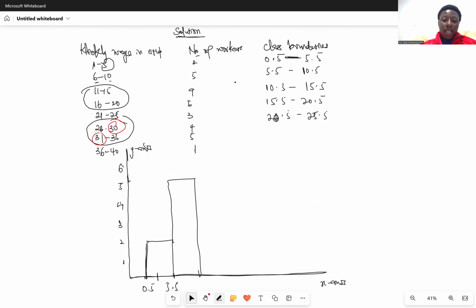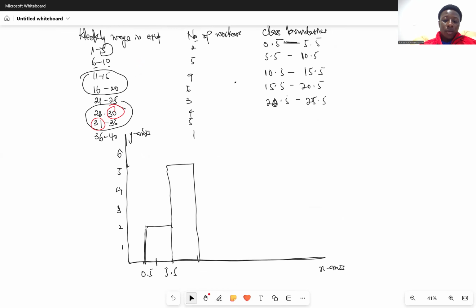Then on the other foot you write 10.5. You draw another box again. The next one is 10.5 to 15.5. It's already 10.5, so you just write 15.5.